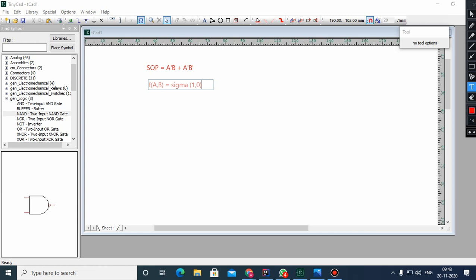The first one is the SOP expression and the second is the cardinal expression. Sigma symbol is not available here, so I am just writing sigma. So it will be 1 comma 0.